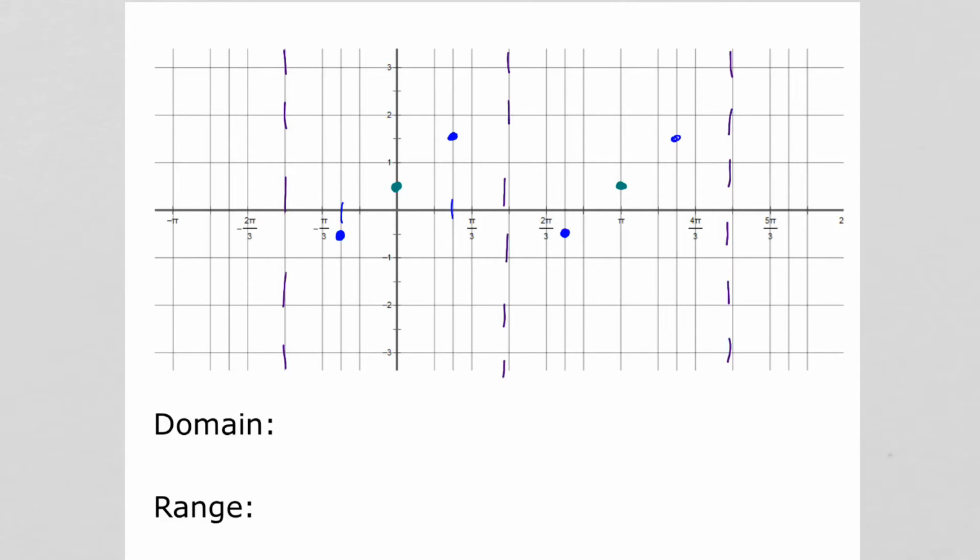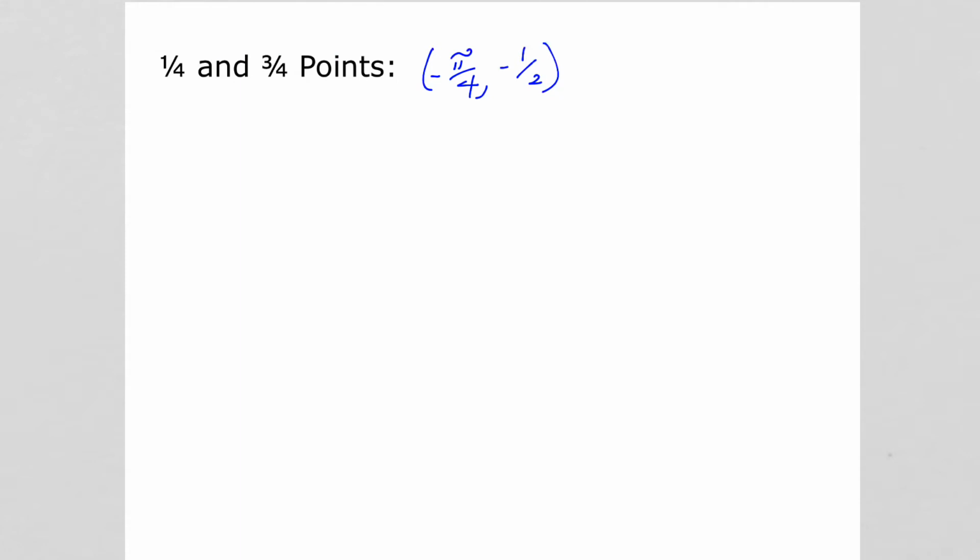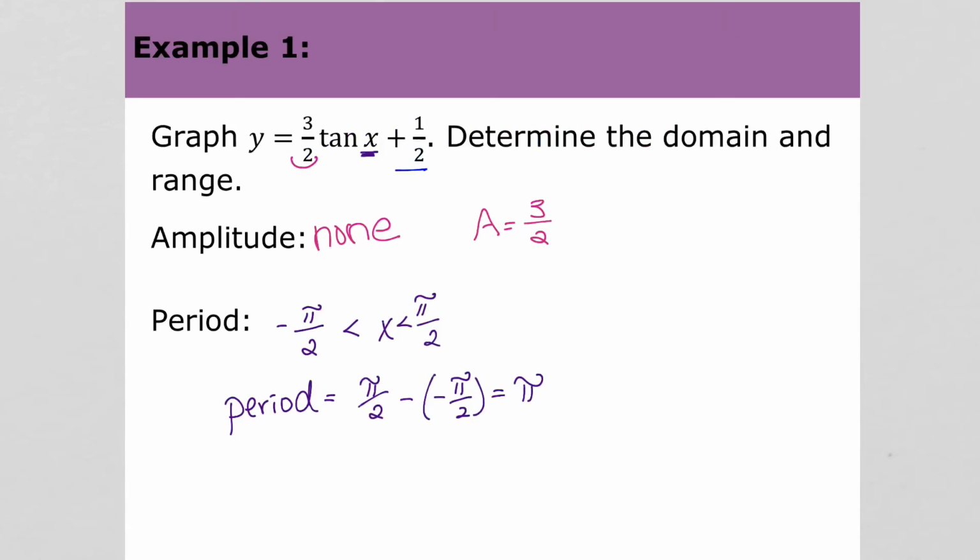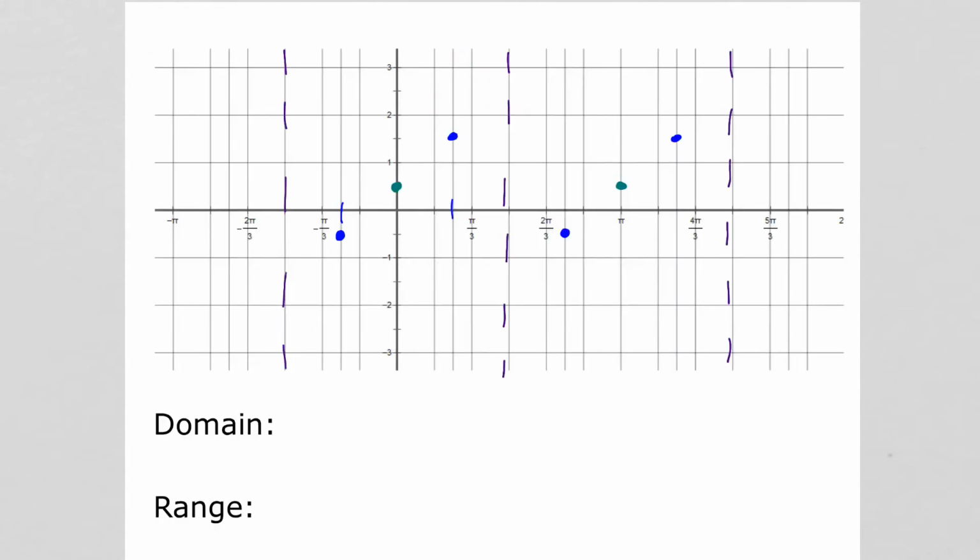Now, we're not quite done with these 1/4 and 3/4 points, actually, because we need to take into account the A. The A is telling us that the distance from that point of inflection should be 3/2 or 1 1/2. So actually, this 1/4 point, we can just count 1 1/2 from the point of inflection down.